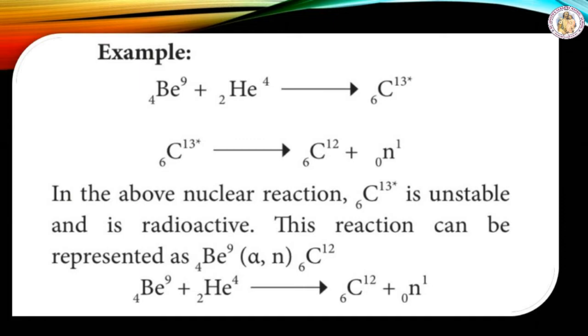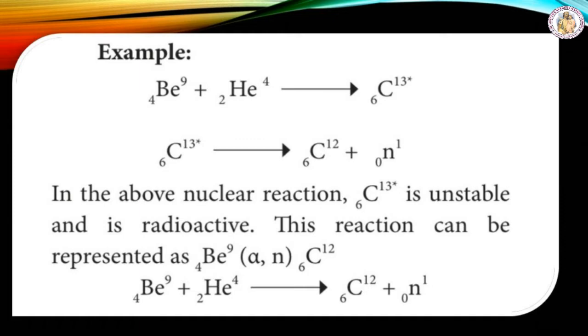What happens in the above nuclear reaction is that beryllium is hit with an alpha particle, here helium is the alpha. Then in the disintegration process it gives carbon, 6C13. This 6C13 is unstable, so the carbon will try to become stable.